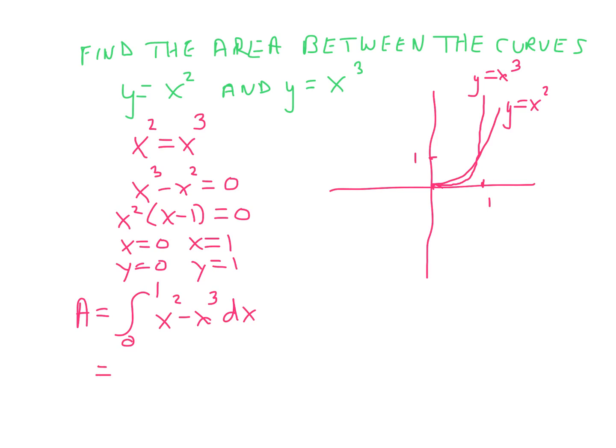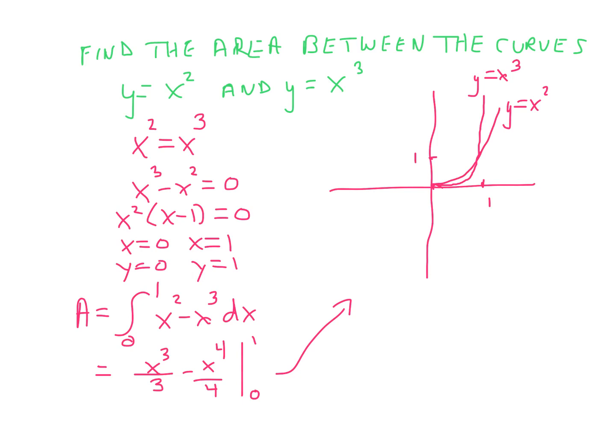And so the integral of x squared is x cubed over 3. The integral of x cubed is x to the 4th over 4. We're going to evaluate that over 0 to 1. I'll just work up here so that we don't need to move the screen down.